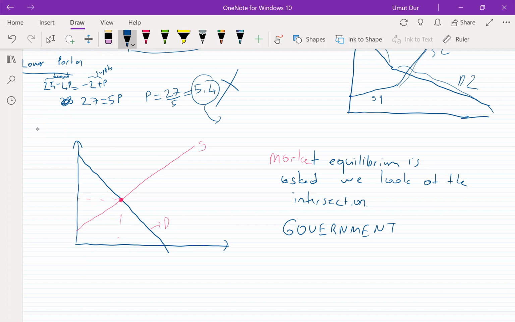Everything cannot happen in the free market. So the rules that the government can bring can be a price floor and a price ceiling. So what is floor in Turkish?